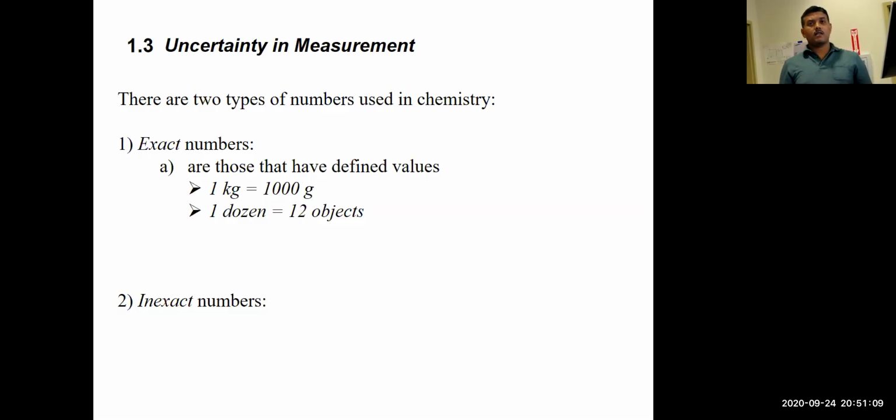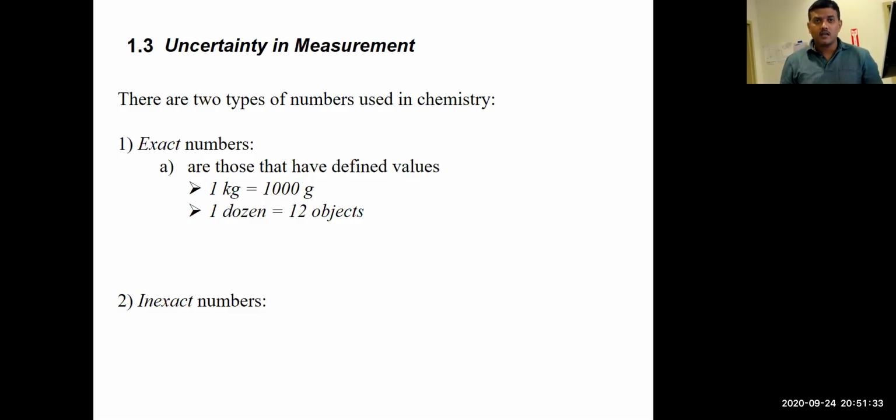We already know that a kilogram means 1,000 grams from the definition. So it is exact. Like how 1 dozen has 12 eggs, we already know that. So if it is something that you can achieve by counting, by looking at it, or coming from a definition, you call them exact numbers.